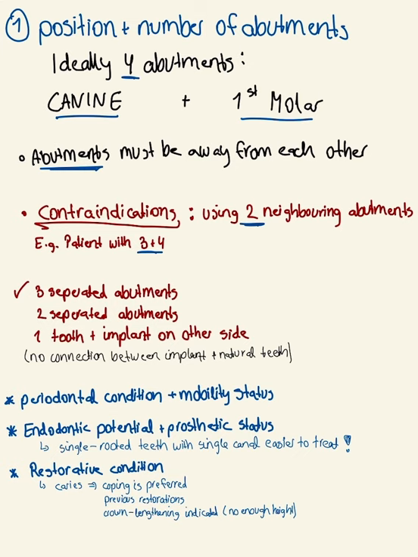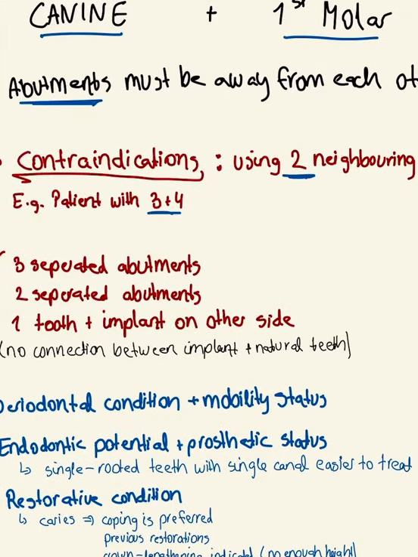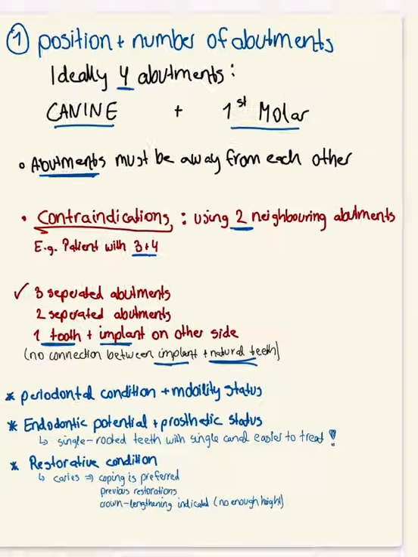Therefore, use only one of them, and caries can start between these 2 abutments because there is a narrow area. The best thing is to use 3 separate abutments or 2 separate abutments, or even 1 tooth with an implant on the other side. Please do not connect the implant with the natural teeth.